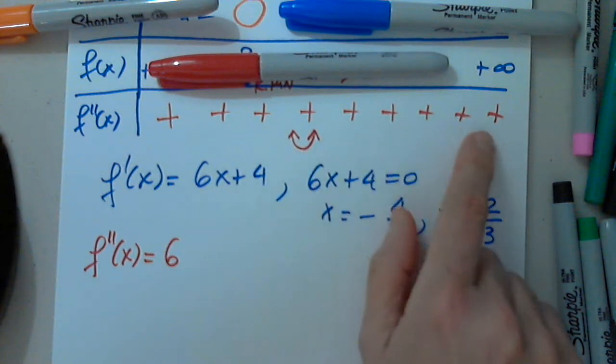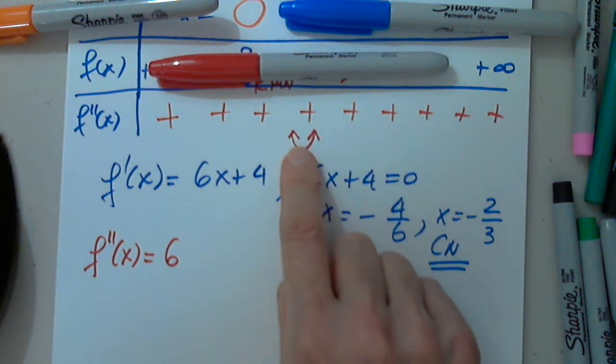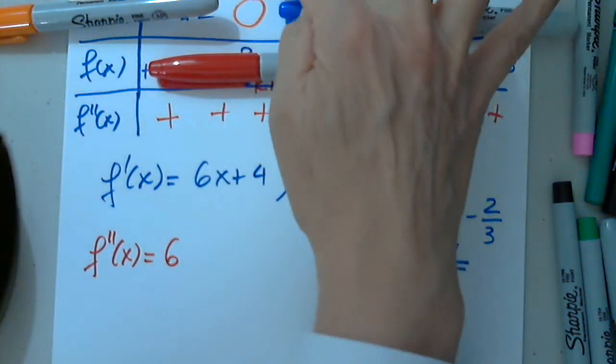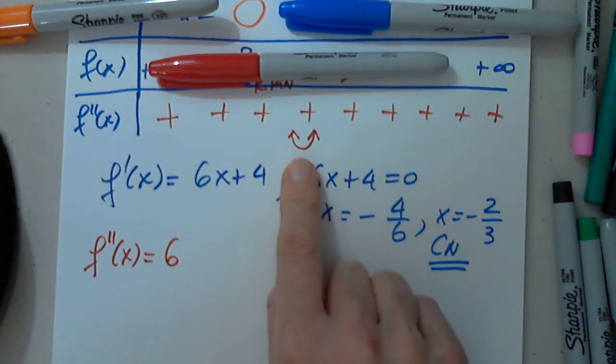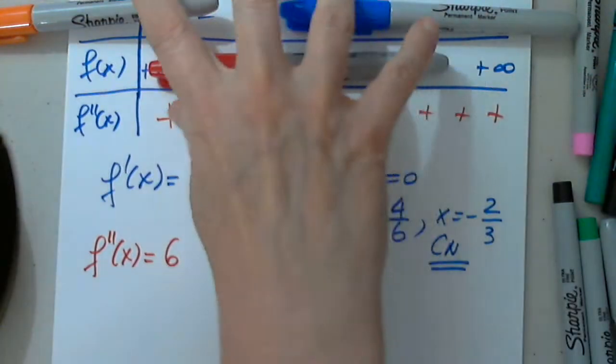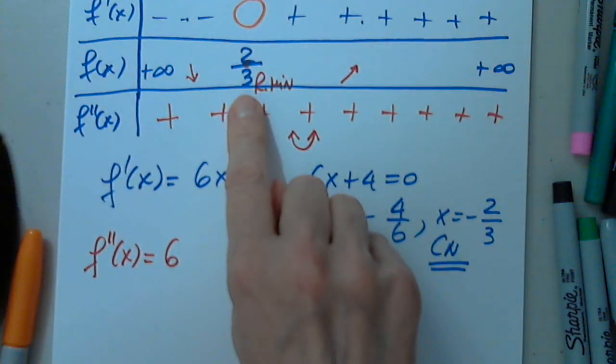But I have the second derivative and I know that it's positive. What type of point will negative 2/3, comma 2/3 be if the function has to look like this? It has to be a minimum because it's at the bottom. Exactly. It has to be a relative minimum.